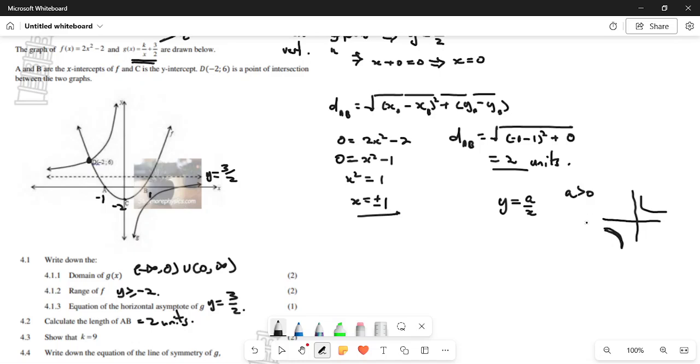But the moment we have a as a negative number, a less than 0, we expect this function to be sketched in the second quadrant and the fourth quadrant, which in this case we have our function in the second and fourth. So therefore our k cannot be a positive number. That must be an error. So that means we are required to prove that k is equal to negative 9.